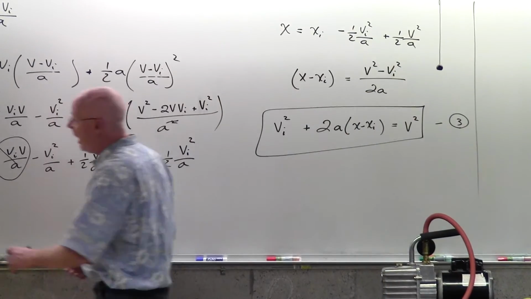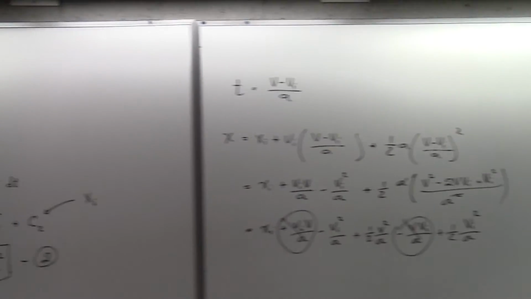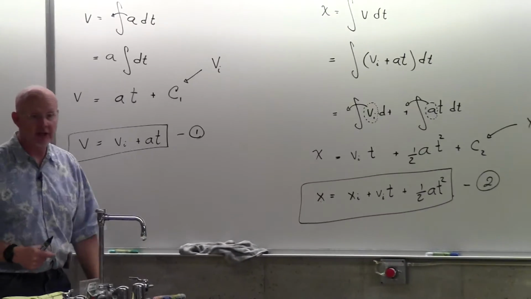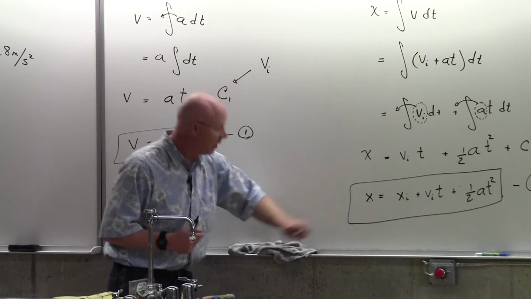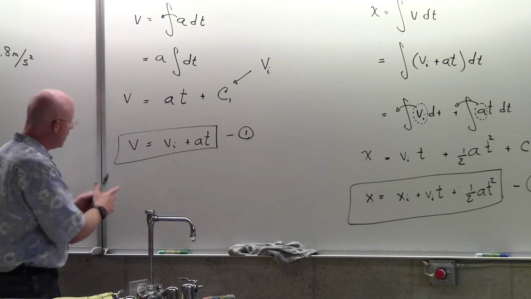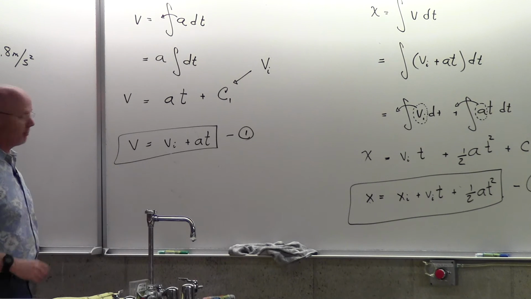For example, the problem I was mentioning with the race car, I gave you the acceleration and said, what is the position when the race car is going 60 miles an hour? Let's change the problem.